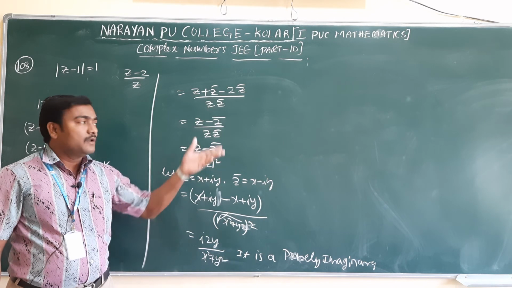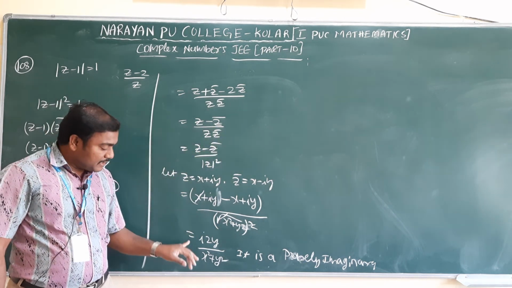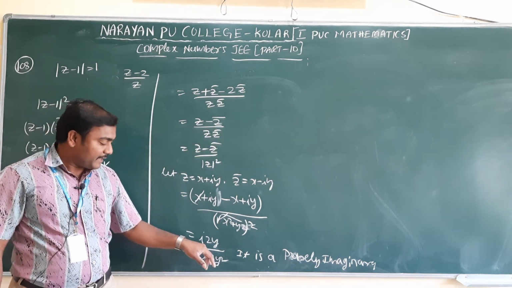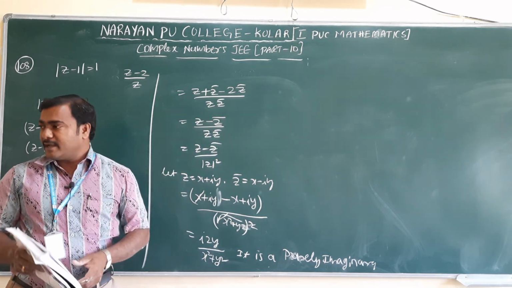So theta is plus pi by 2 or minus pi by 2.